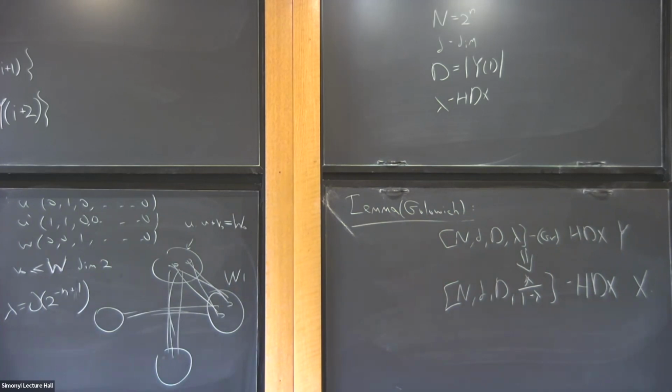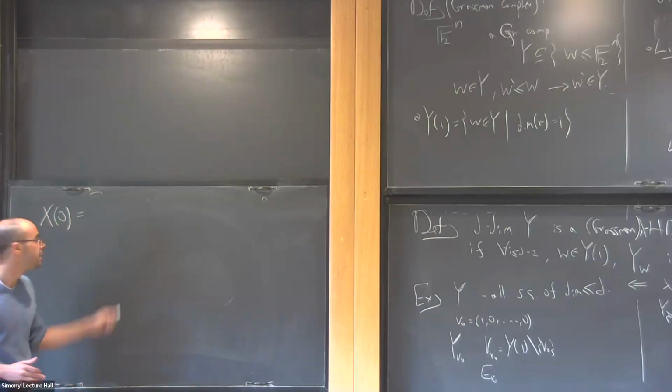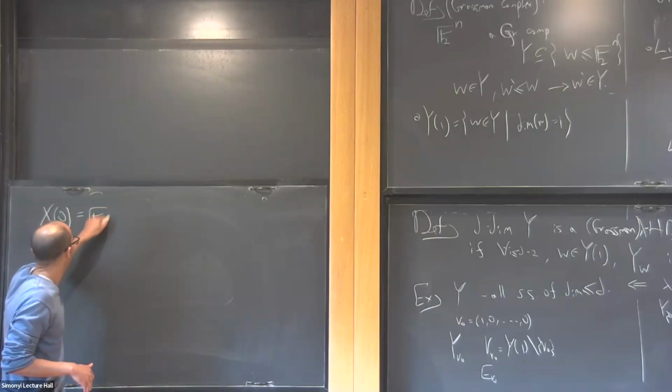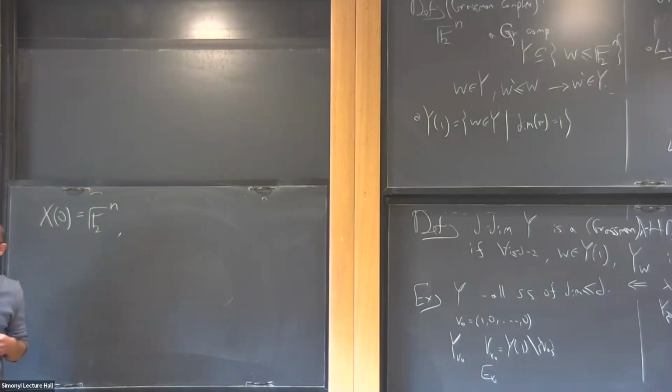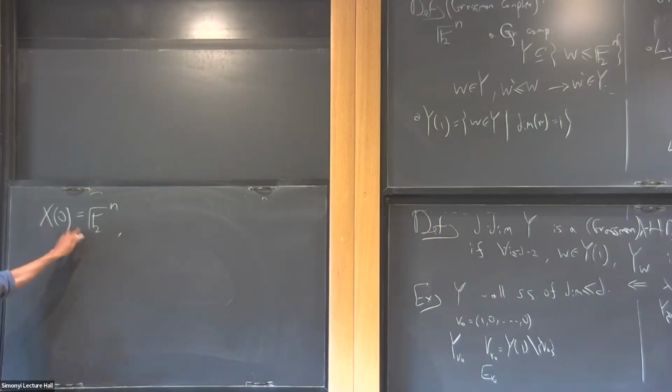So given such a Y, how am I going to construct it? Abelian, yes, it will be an abelian graph over F2 to the n. You are not happy with this? No. You can leave. I see you want to leave the room. Okay, so the vertices are F2 to the n.